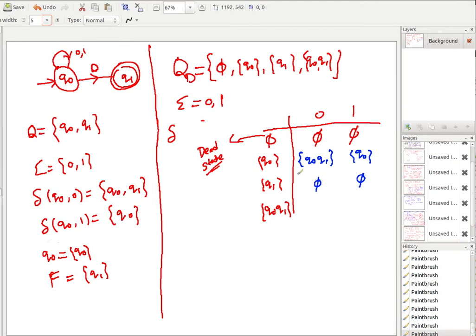Q0 Q1 at 0. Now that's something you have to understand. Whenever I have multiple elements in a state and I am trying to derive where I go on a 0, it's something very simple if you do. Mathematically it was written in a difficult way, but for each of the elements, for this you find where you go at 0, for this you find where you go at 0, and then you take the union of all that. Q0 at 0, where am I going?